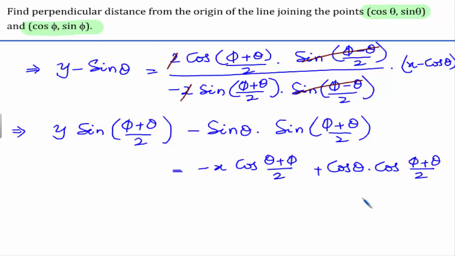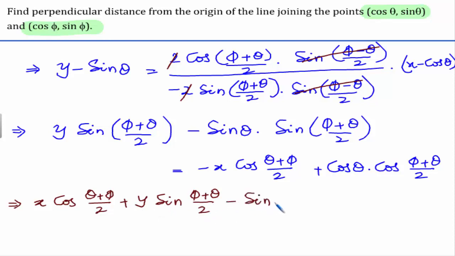Now let us try to write all the terms on one side. Here we get x cos theta plus phi by 2 plus y sine phi plus theta by 2 minus sine theta into sine phi plus theta by 2 minus cos theta into cos phi plus theta by 2 is equal to 0.